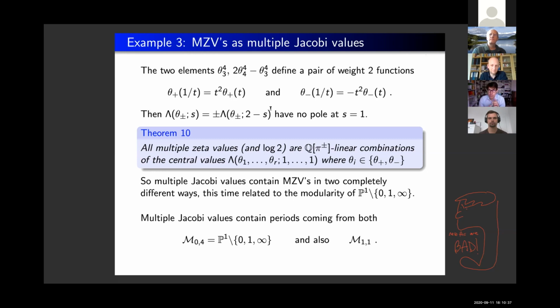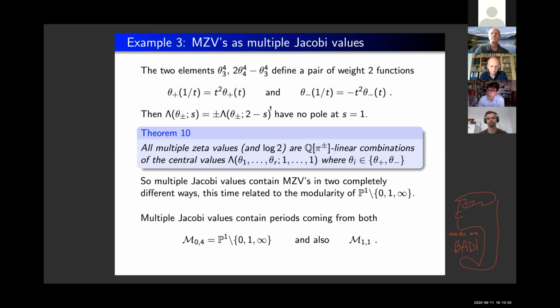But the other thing I would say is that in some very philosophical sense, but also a technical sense, all periods are iterated integrals of something.